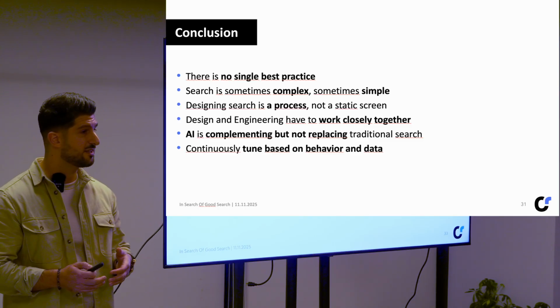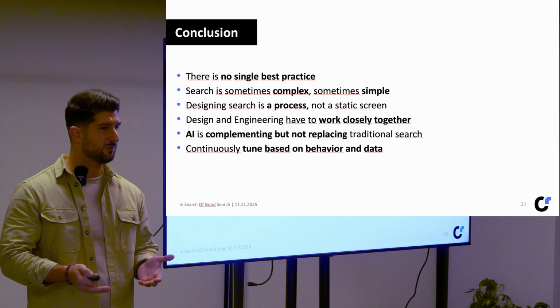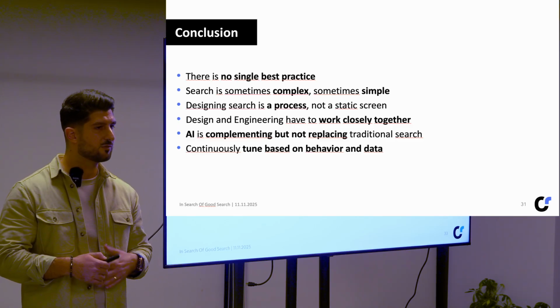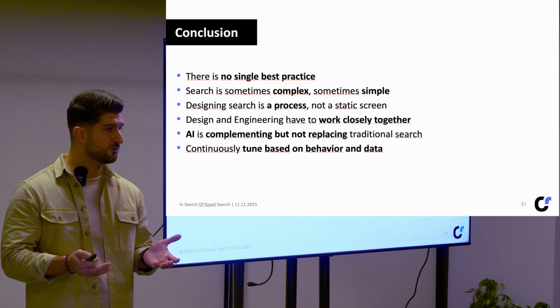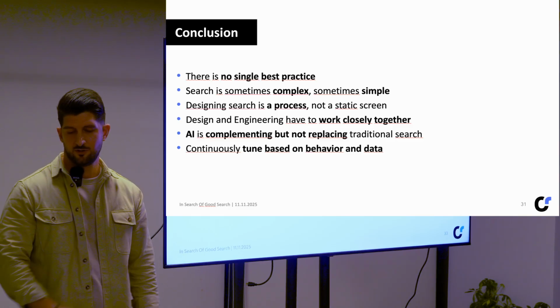And it also includes analytics, because you also need to look at some insights. What are the people really looking for? Do I have search queries that don't have any results? Do I have to change something here? So this is also very important.